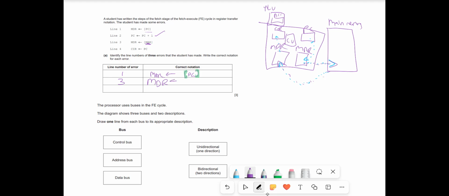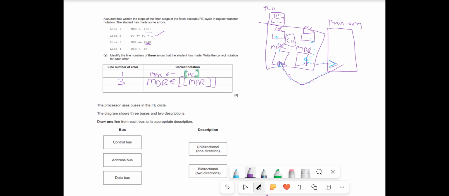I'm going to put MDR here. That is correct. It's also correct that we want to get the contents of the MAR and put it into the MDR. But we also need another bracket, and this is representing the process of having to go to the RAM to get the instruction, to get the data. Once it gets the data instruction, it then puts it into the MDR.